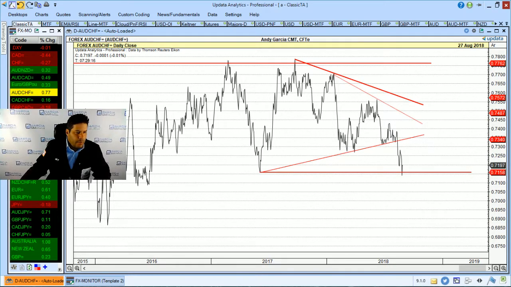In the meantime, while I'm looking at this trade, I am looking at placing my orders because I like the way this market is acting here.